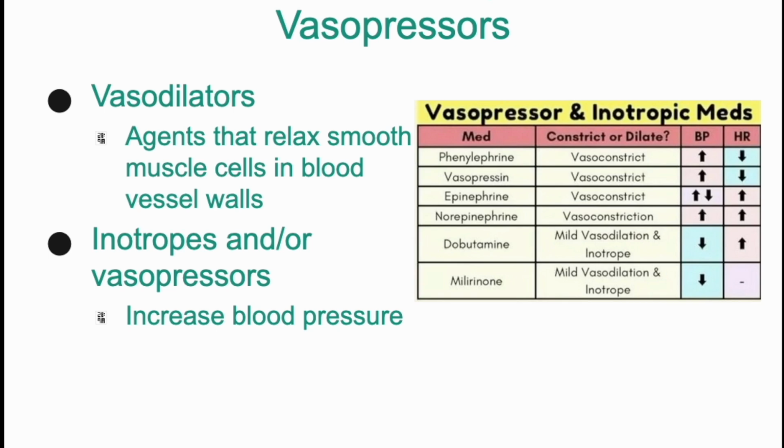Your vasodilators are drugs that relax smooth muscle cells in blood vessel walls, leading to widening of the blood vessels and lowering blood pressure. Inotropes and vasopressors are used to increase blood pressure by improving heart function and constricting blood vessels.